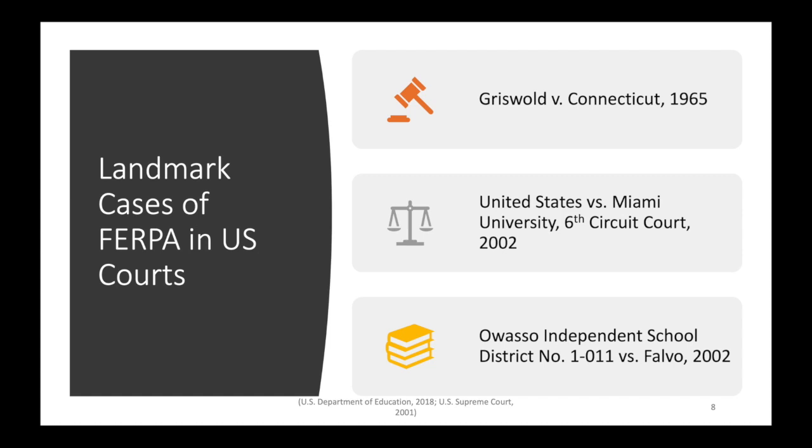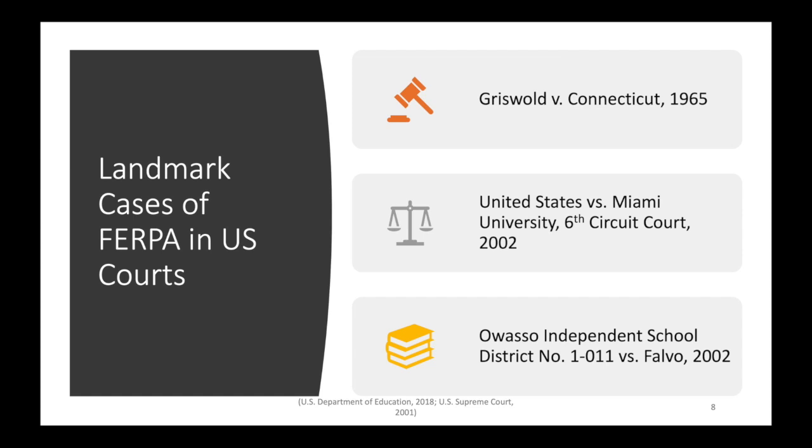The first landmark case that helped in the formulation of FERPA itself was that of Griswold versus Connecticut. While this case was not school law per se, it actually happened to deal with criminalizing the use of contraceptives, and this was found to violate the right to marital privacy.